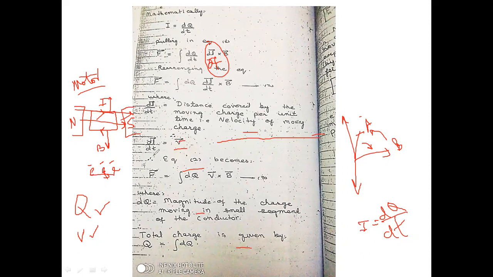So dl by dt is equal to V. Putting this in equation number 2, we will get F is equal to dq V cross B, where dq is the magnitude of the charge moving in the small segment of the conductor. We have introduced V because of the motion of these charges. If we are talking about the total charge, we have to integrate it and we will get total charge q.